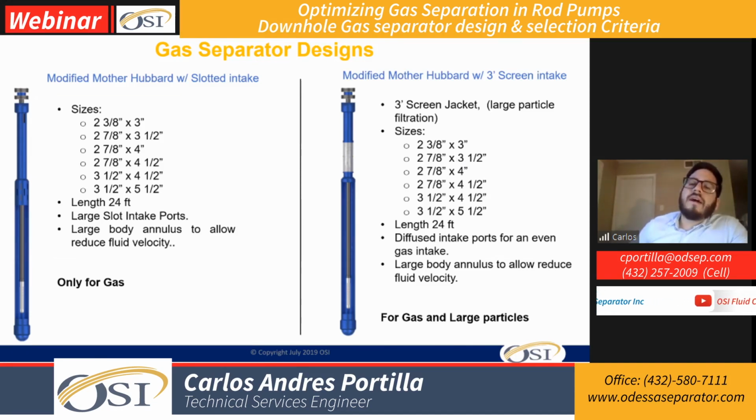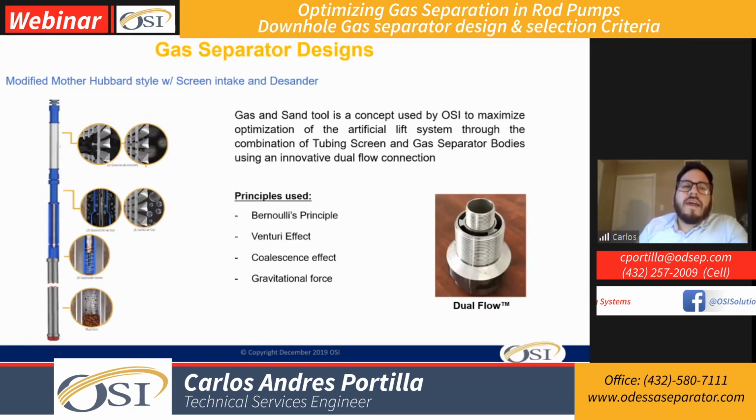So these will be easier to separate later on in the process. And here we have our combination tool, the OSI combination tool, which is a modified motor hover style gas separator with a screen intake, and we enhance the separation with a desander installed below the gas separation bodies.